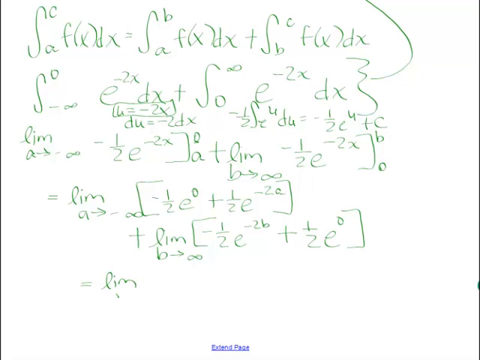Still need the limit notation. Negative 1/2 times e to the 0 is negative 1/2 times 1.